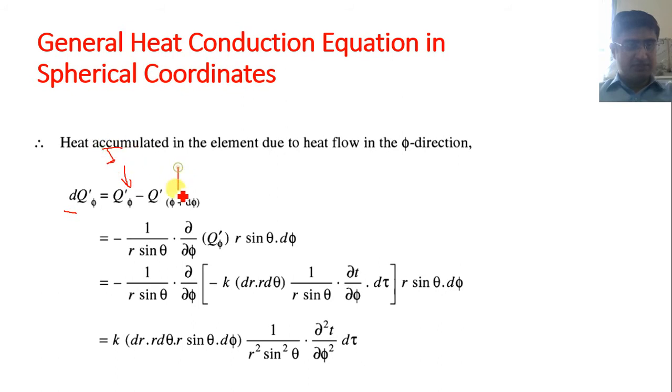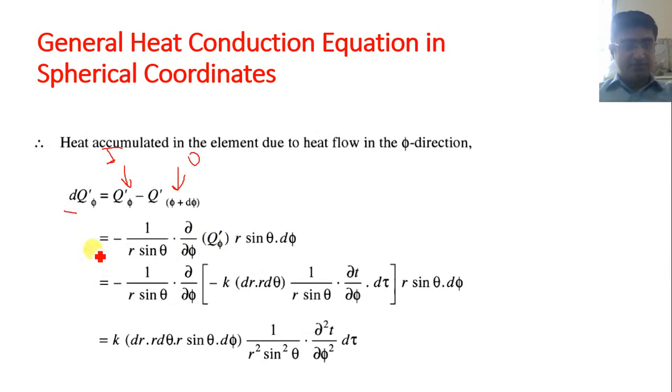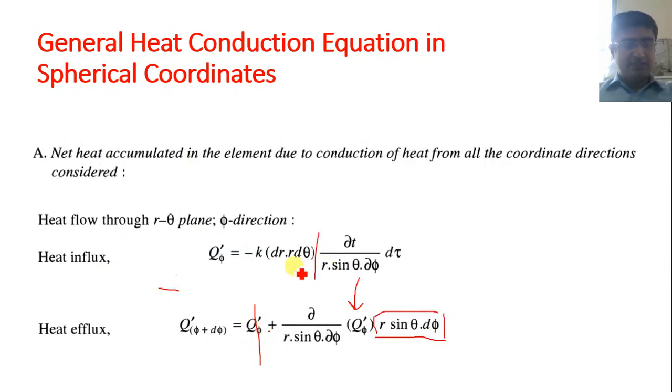If you deduct both equations, then here is the q phi, here is the q phi. So q phi gets cancelled out, and only the minus del r sine theta del phi into q phi dash into r sine theta d phi remains. Only this term remains, because both q phi terms are similar, so they get cancelled out.